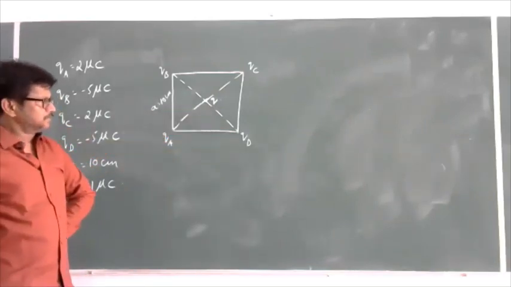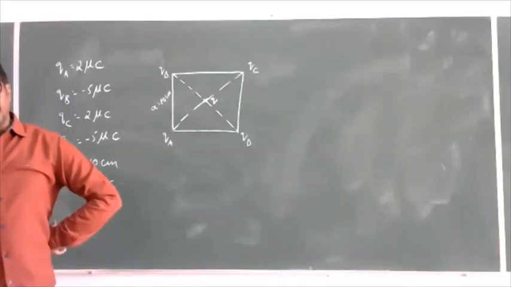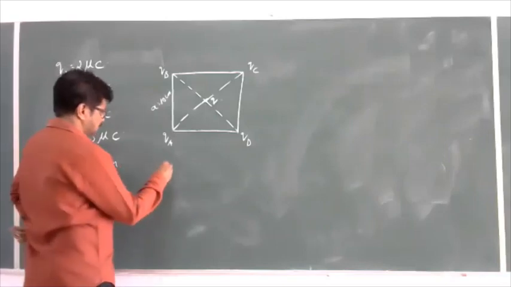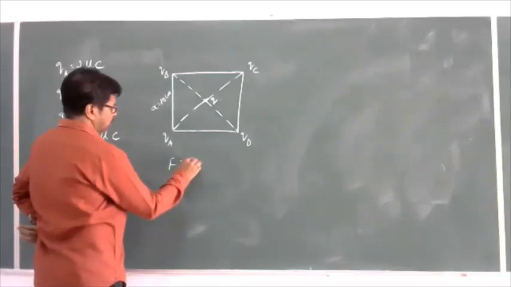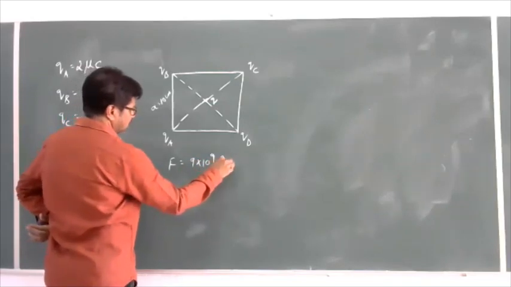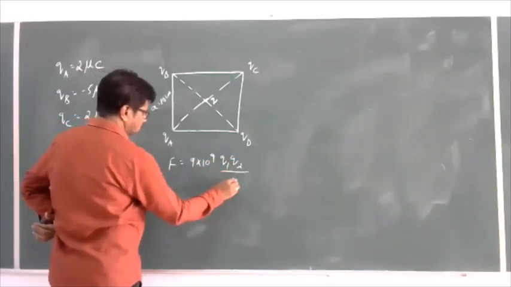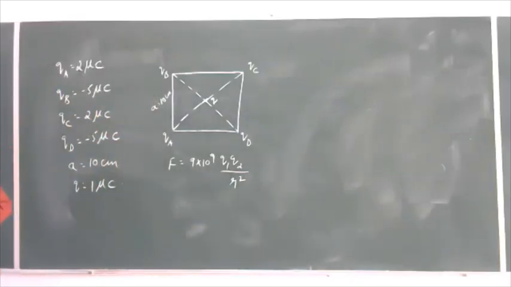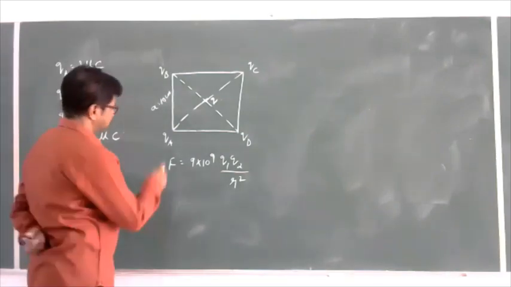Whenever you want to find the force between any two charges, we have a basic formula: 9 into 10 to the power of 9 Q1 Q2 by R square. Then what forces will act?